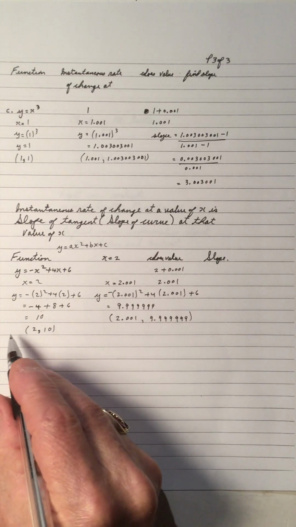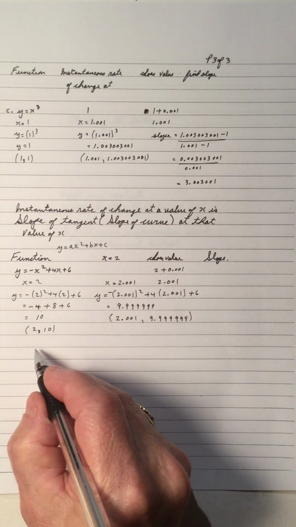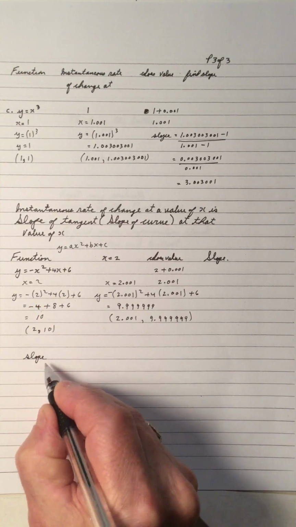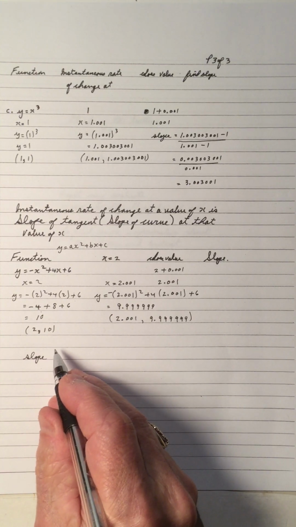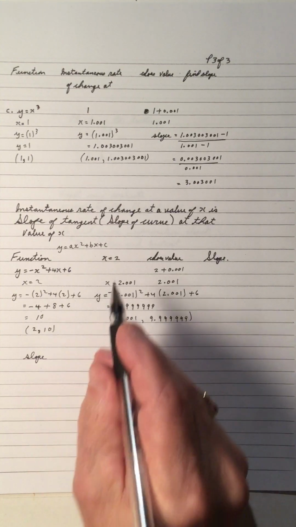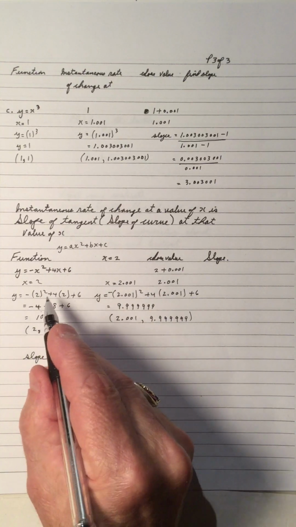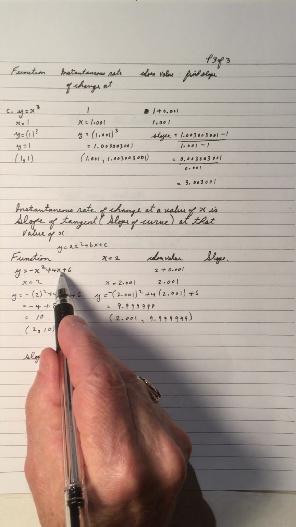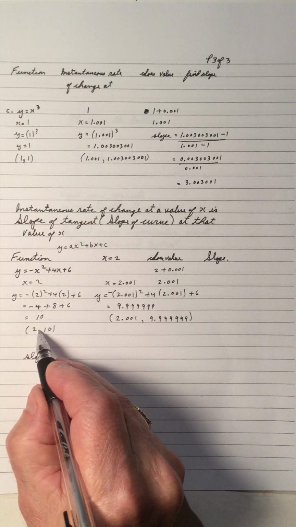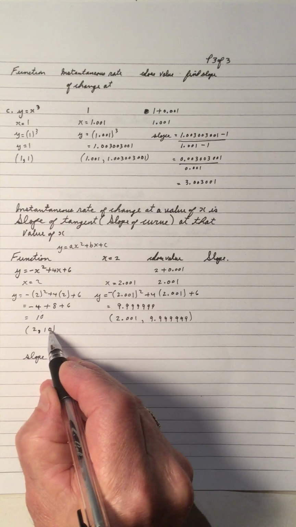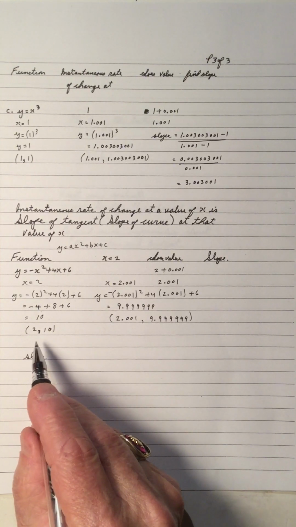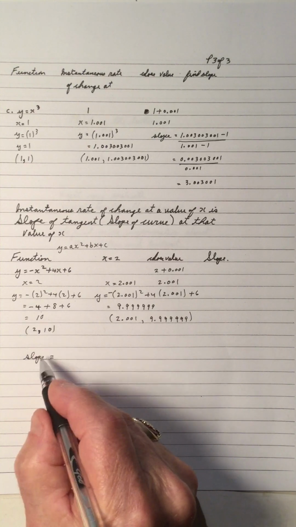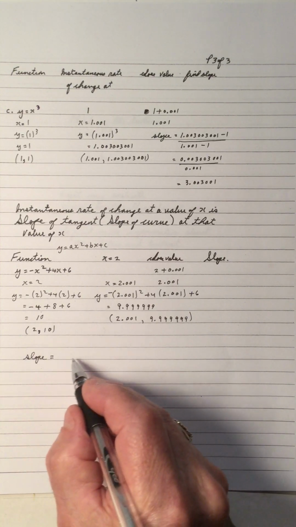Again, we want to find the instantaneous rate of change for this function, so we do the slope. The instantaneous rate of change at 2 is at the point (2, 10). So if you graph this function, a parabola, and you plot the point (2, 10), that is where the tangent is going to be. So the slope, the instantaneous rate of change, is the slope of the tangent, and we work it out.